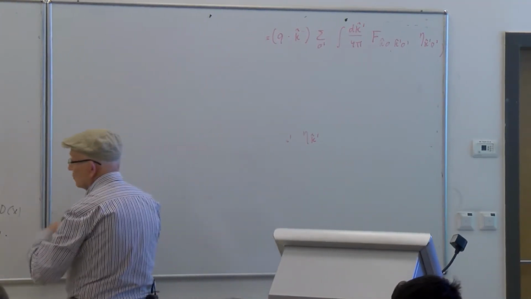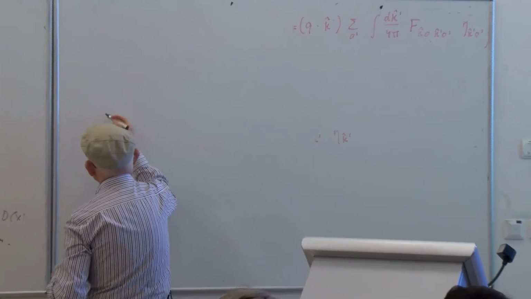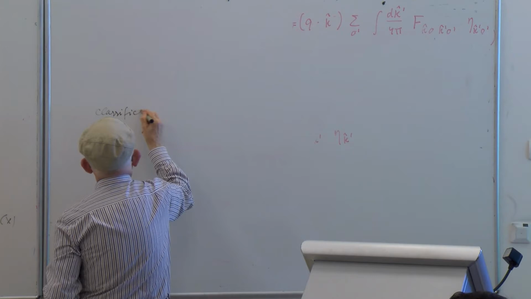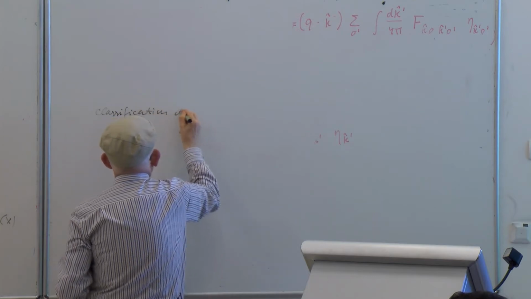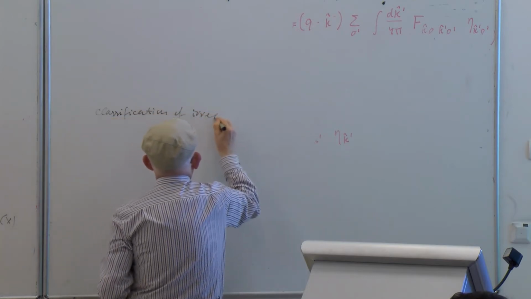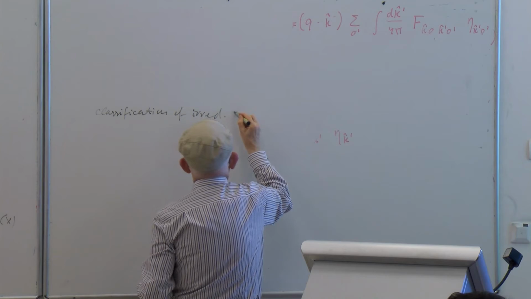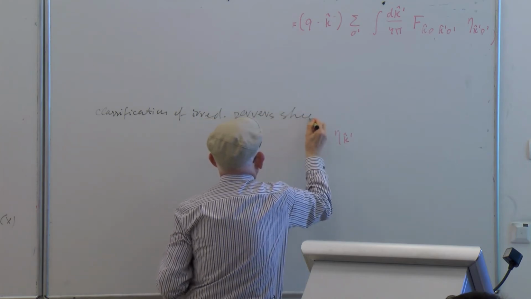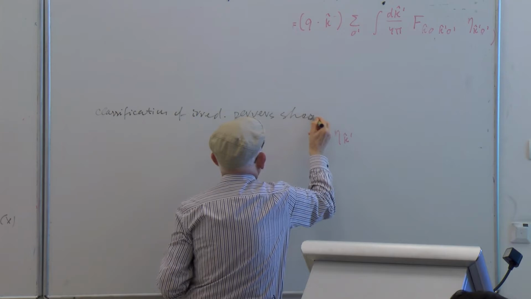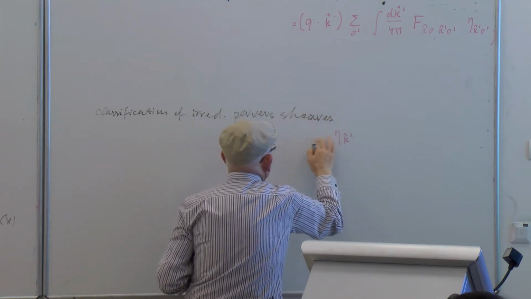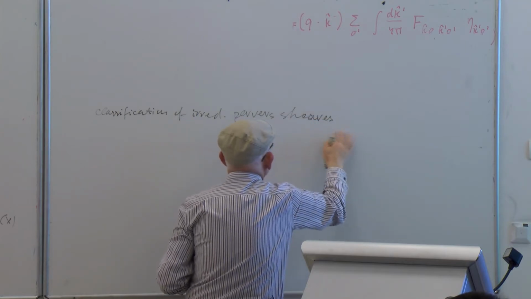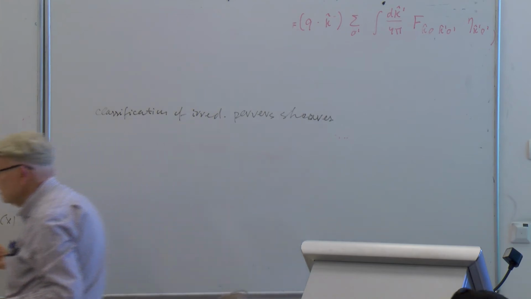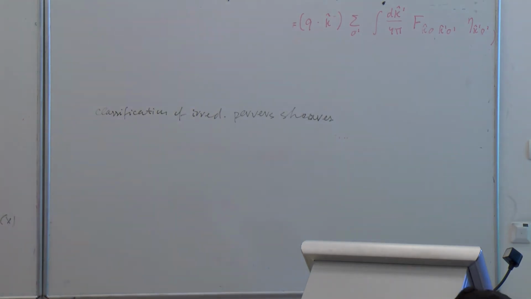So next thing I want to describe today is the classification of irreducible perverse sheaves. And I want to show that this thing in itself gives some highly non-trivial corollaries.